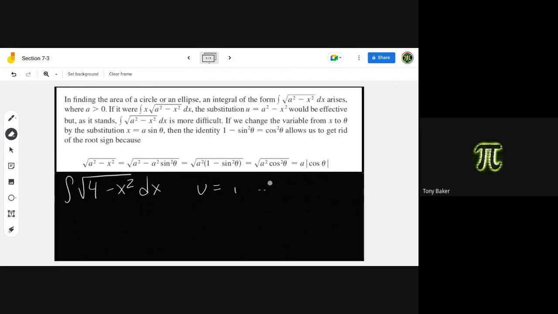Instead of making a u substitution, I'm going to change x. I'm going to say x is a sine, or in this case, 2 sine theta. So I'm just changing what x is. x is now 2 sine theta.